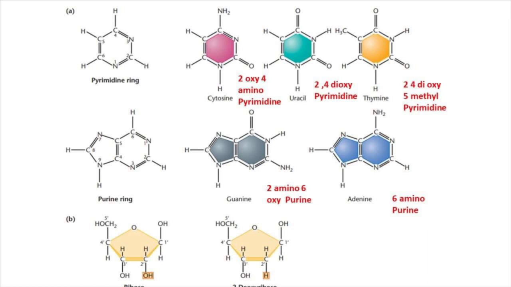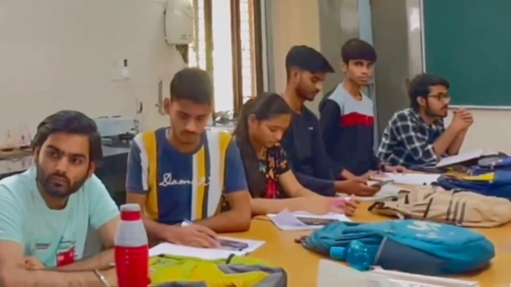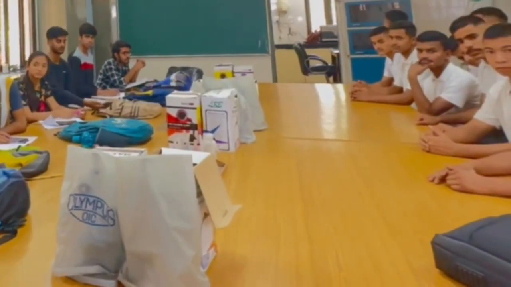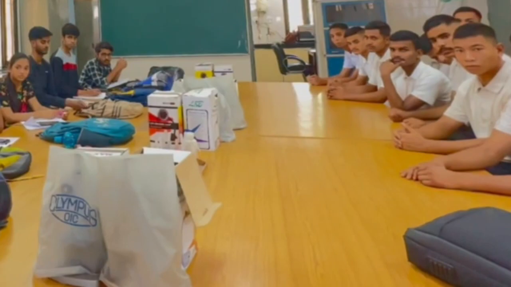In the last class or some classes before, I taught you DNA nucleotide structures, if you remember. Cytosine is 2-oxy 4-amino pyrimidine.